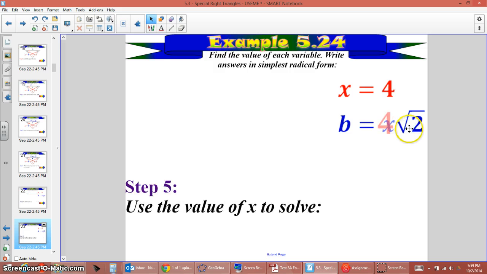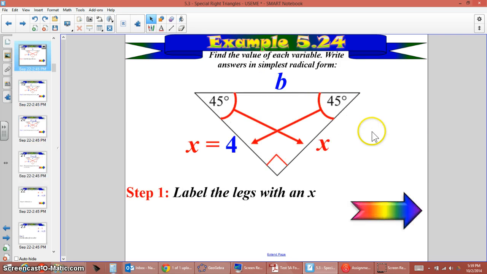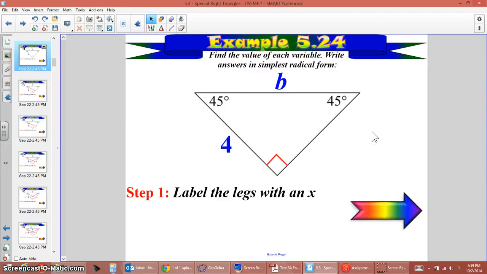So b equals 4 root 2. Sorry, I went a little fast there. So I found the missing side, 4 root 2, which is exactly what I said at the beginning in the picture. I said I got 4, the other leg is 4, and the opposite is 4 root 2.